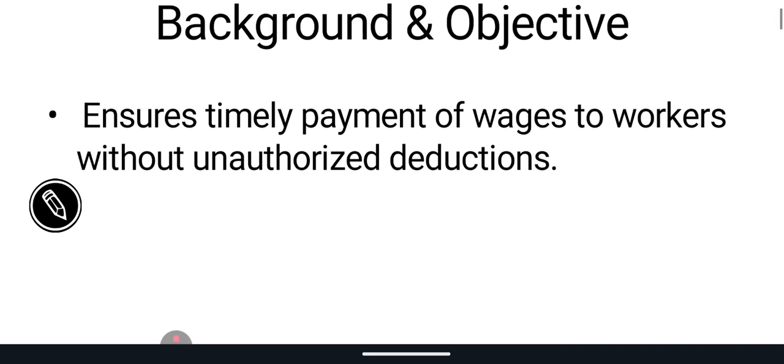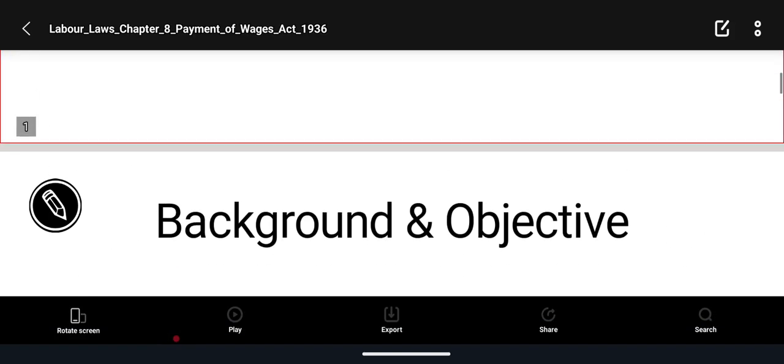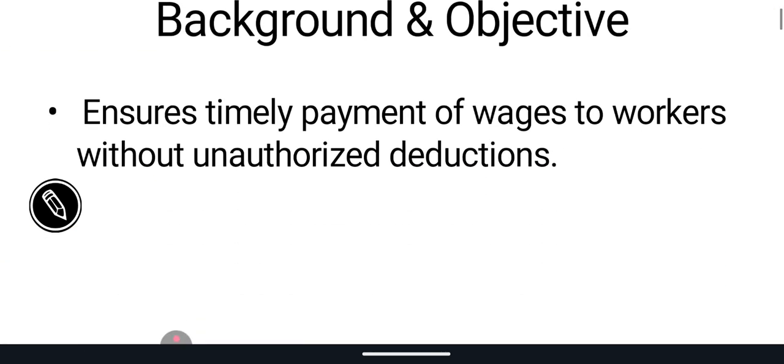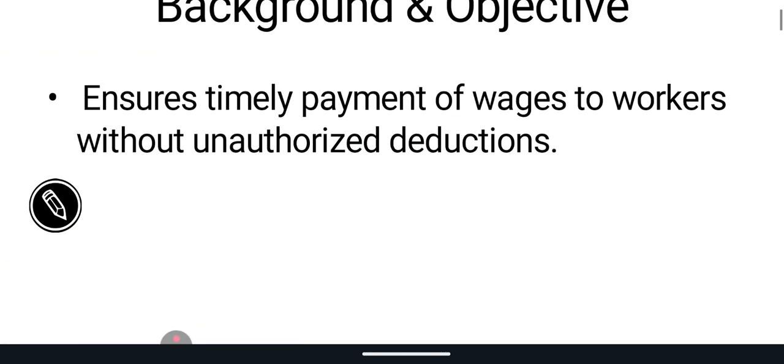Background and objectives. The Payment of Wages Act 1936 ensures the timely payment of wages to the workers without unauthorized deduction. If you have been working in a company, the most important thing is that in this world, whoever does any kind of work for income is doing it for one purpose: to earn something.